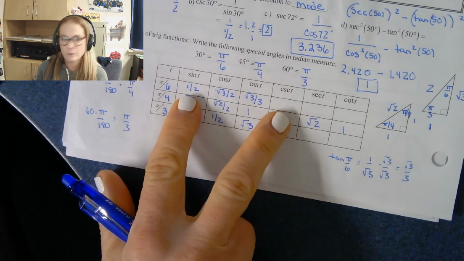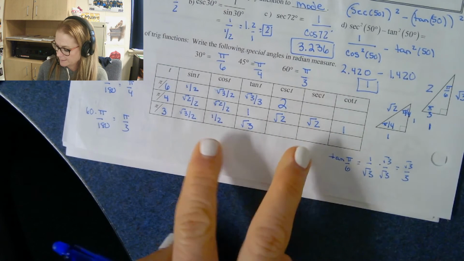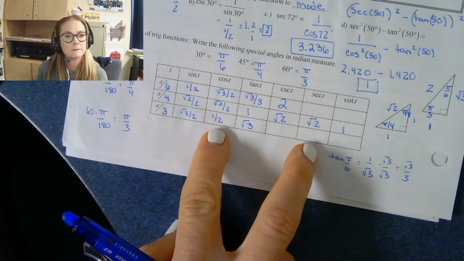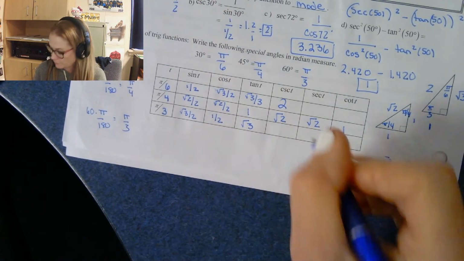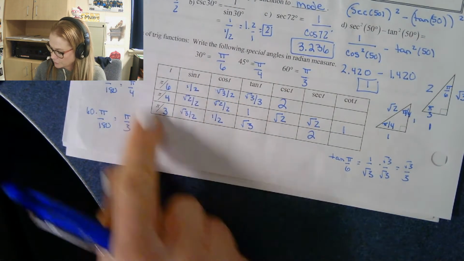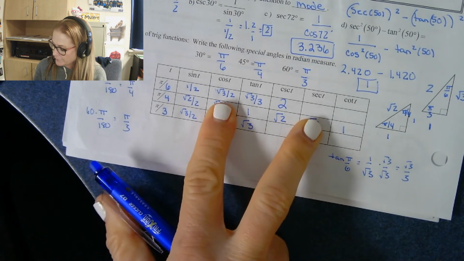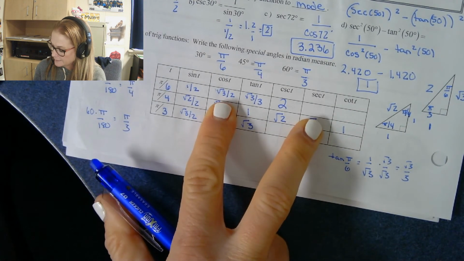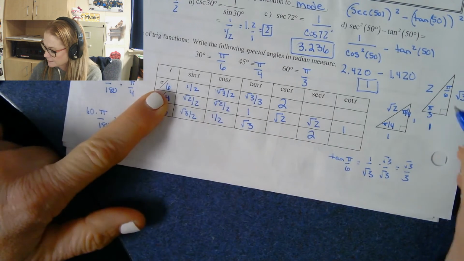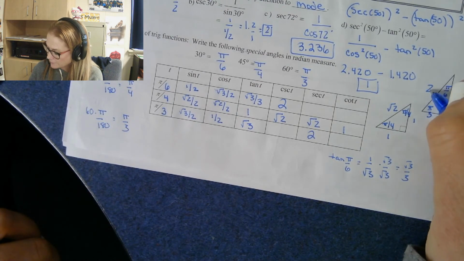This reciprocal is easy, 2, which means this reciprocal is easy, 2. Let's reciprocate this one. When we're looking at the secant of pi over 6, instead of adjacent over hypotenuse, it's hypotenuse over adjacent.